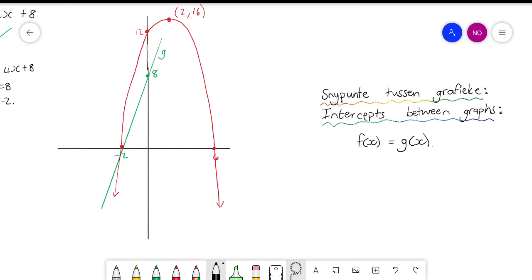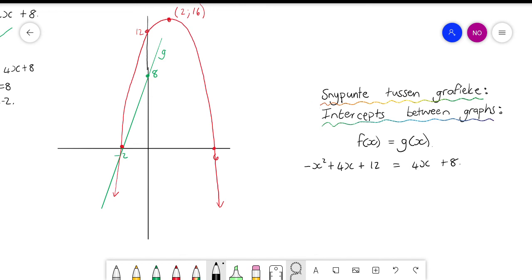So, the equation of f of x was negative x squared plus 4x plus 12, and g of x was 4x plus 8. Almal nog by? And that I can rewrite as an equation that I can solve.